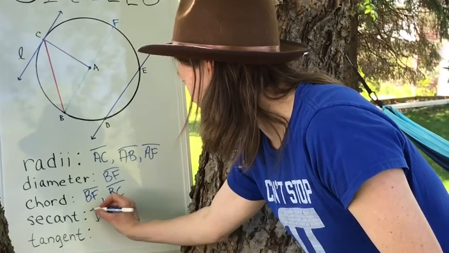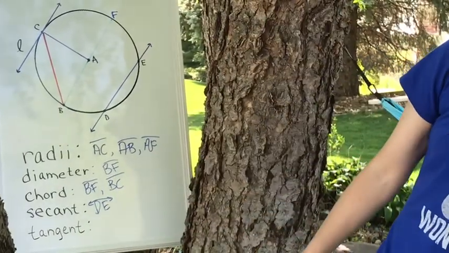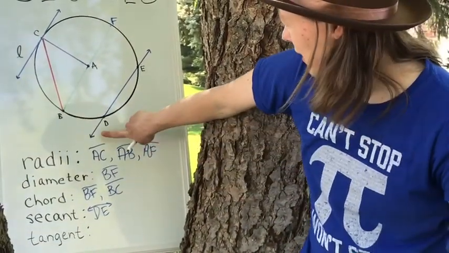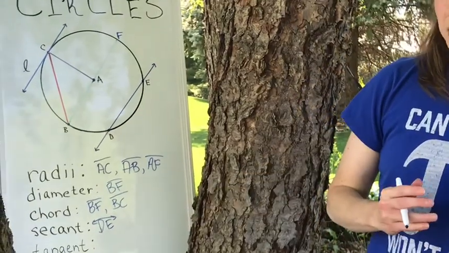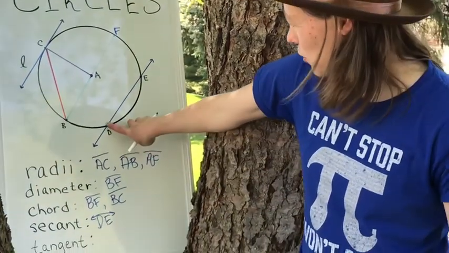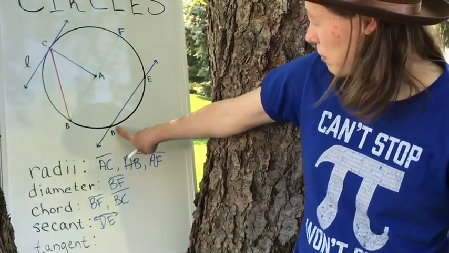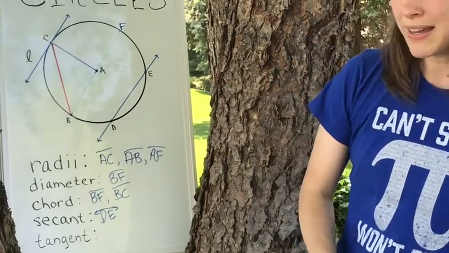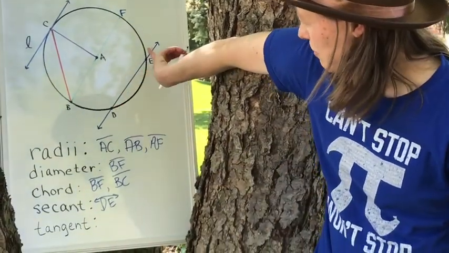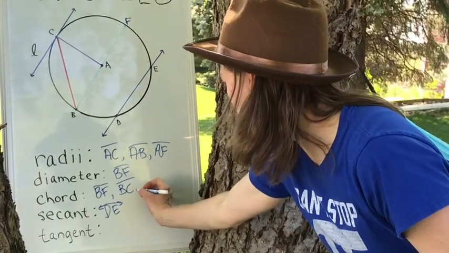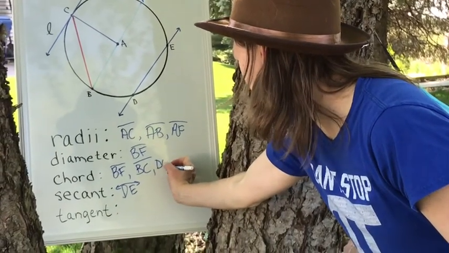I'm going to back up to chord, because you might look at this and think it's just a secant, but the part that's between point D and point E is also a chord, just that piece of it. So I'm going to add one more chord, and that's segment DE.